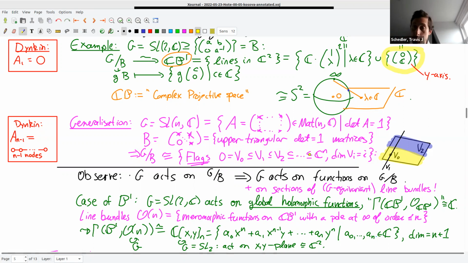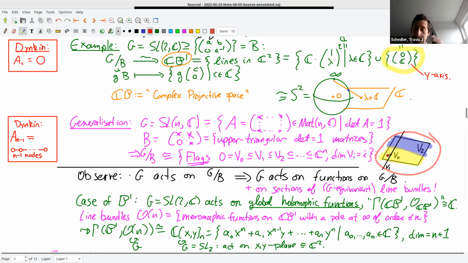And this is called a flag variety because you can think of V0 as being some kind of point, and then you have V1 as being a line that contains that point, the 0 point in this case. And then you have V2, which is a two-dimensional space containing that line. You can think of it as looking like a flag.